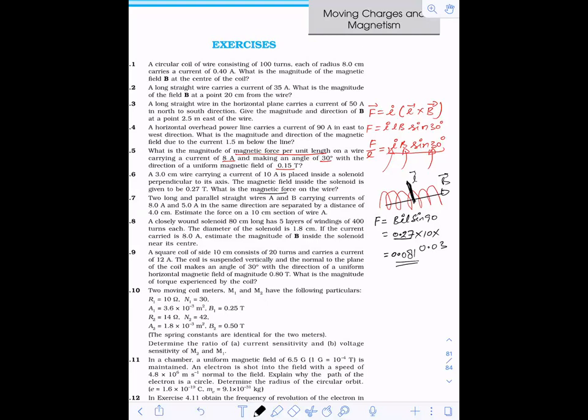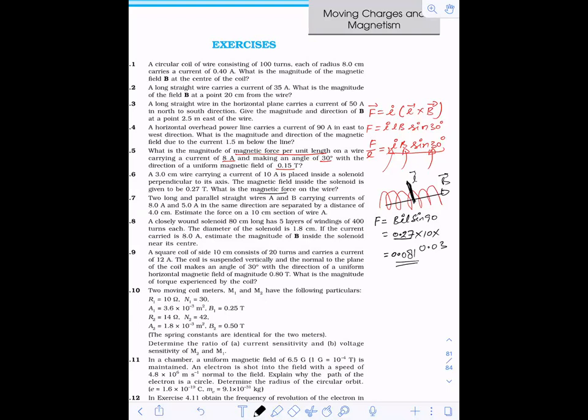So this is the answer, 0.081. Many people have got that. Good. No Vimal, it's not 8.1, dear. It should be 0.081, not 8.1.